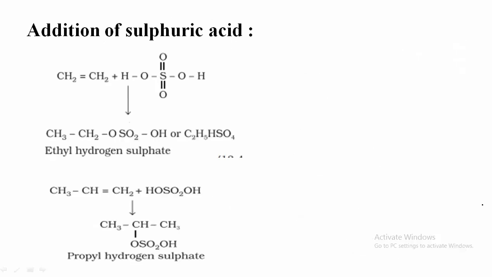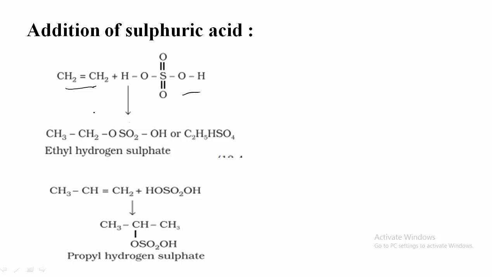Now next chemical property of alkenes, addition of sulfuric acid. So here when alkene is added to the sulfuric acid, it will undergo the electrophilic addition reaction and form propyl hydrogen sulfate. So simply first it will attack the symmetrical alkene, that is ethene.